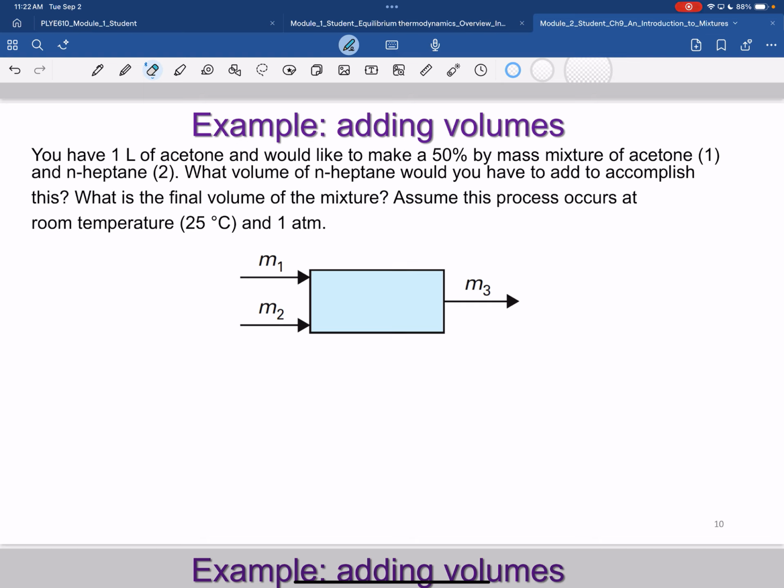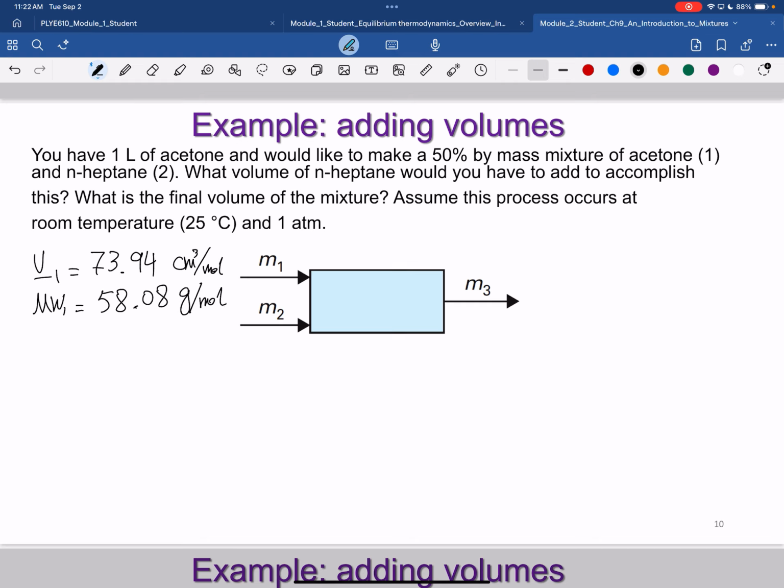So the information I also have here is that the molar volume of component 1 is 73.94 centimeter cubed per mole. The molecular weight of component 1, which is acetone, is 58.08 gram per mole. What else do you need?